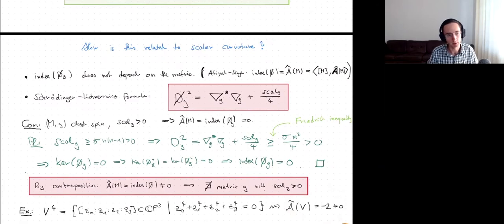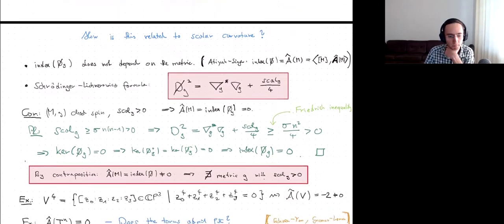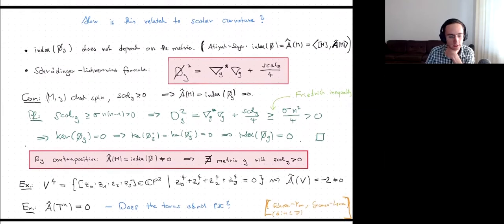Now, what about other examples? For instance, what about the torus that I mentioned before? Well, the A hat genus of the torus is always 0. So even in those cases where this is a multiple of 4, this is always 0. So this does not show us that the torus does not admit a metric of positive scalar curvature. Now, does the torus admit PSC?